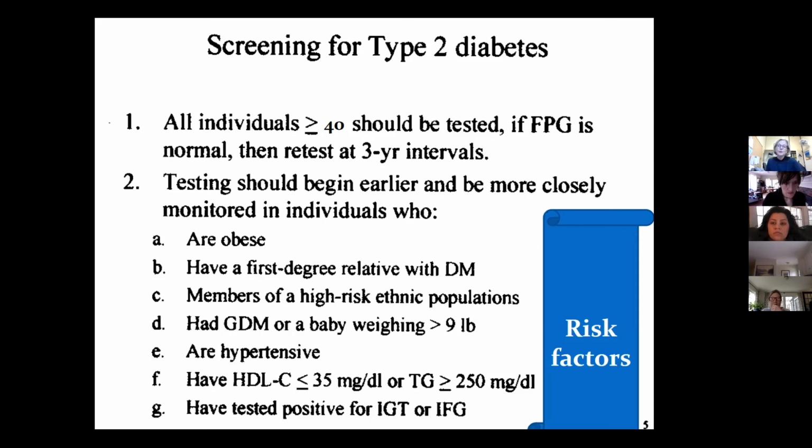So some women with gestational diabetes develop it during pregnancy, but when they are non-pregnant, their blood glucoses are normal. Other women have their type 2 diabetes first identified during pregnancy because they're tested during pregnancy, okay?